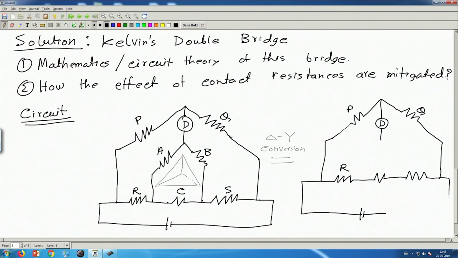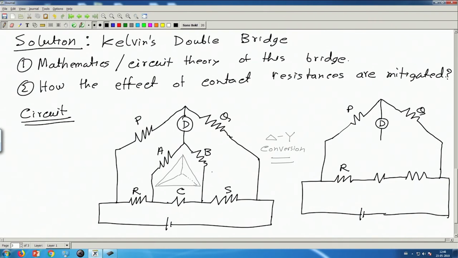So, okay, just one small note, at this moment please do not think why is this bridge like this. Do not think about how this bridge is obtained. Focus on the fact that this bridge is given to us and we are finding the balance condition using our knowledge of circuit theory.